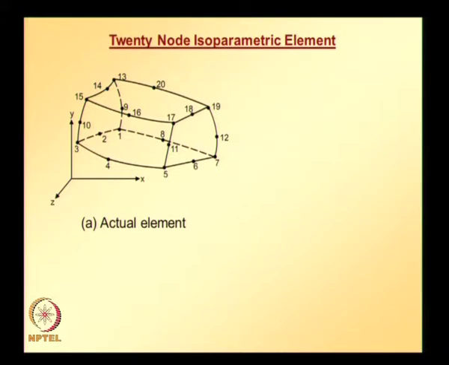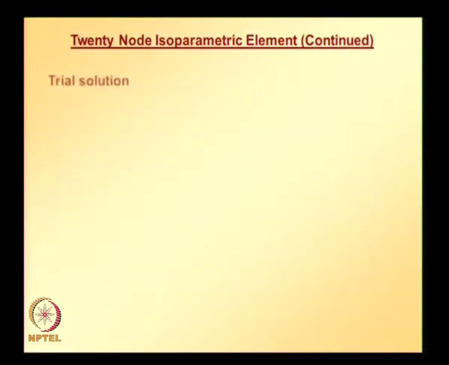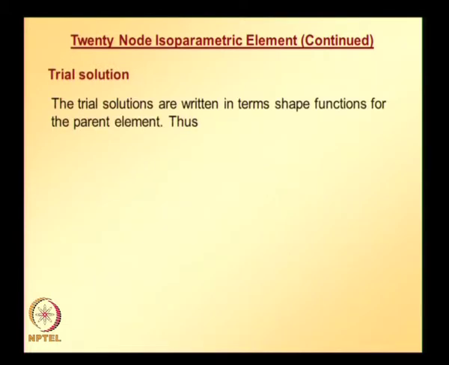The parent element for this 20 node element looks like this, where the center of the element is located at the center of the cube, which has dimensions 2 by 2 by 2, and with that understanding we can easily write the locations of all the nodes with respect to the parent coordinate system, and once we have that information we can write the trial solution in terms of finite element shape functions.